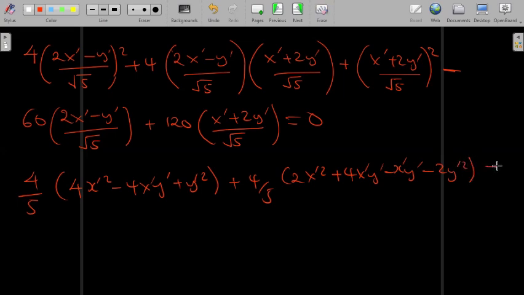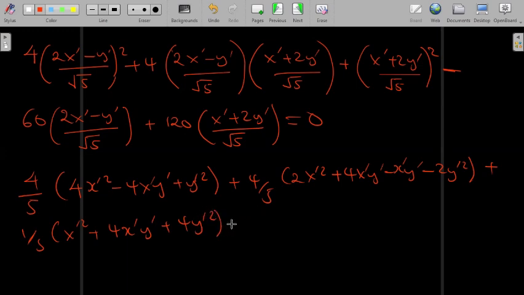Then you close. Then plus, factor out 1 over 5 again this time, because when you square down there you get 5, and you can factor out a 1 over 5. I know you know how that comes about, but if you're confused, you can ask. We continue: that's going to be x prime squared plus 4x prime y prime, then plus 4y prime squared.